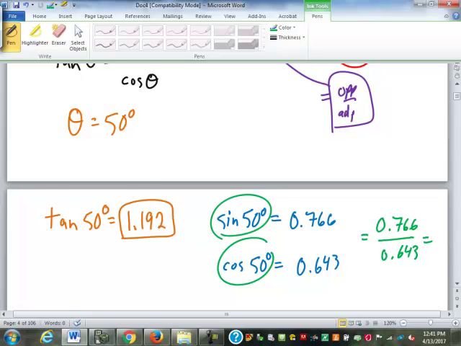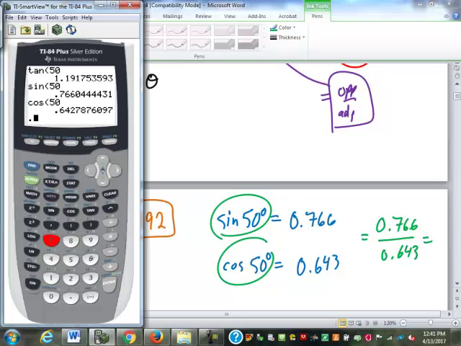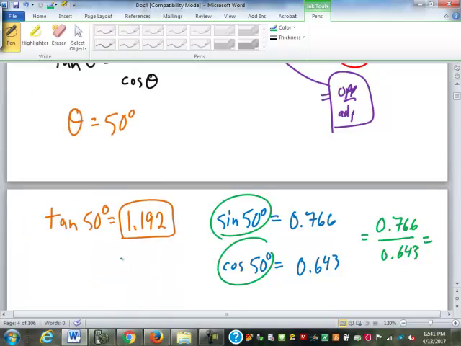Now obviously there's going to be some round off errors here because we rounded those to 3 decimal places. But we get 1.191, which is our tangent. So if we know the sine and the cosine, we can find the tangent even if we don't know the angle.